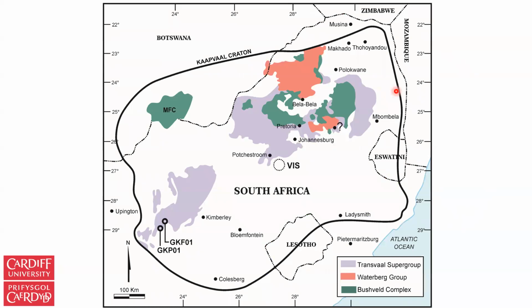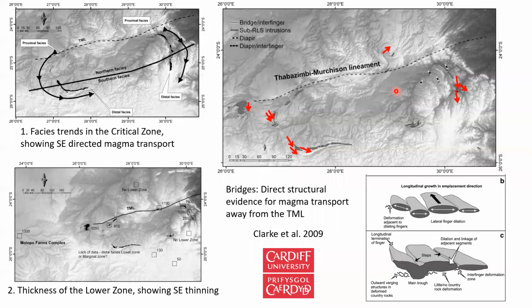All right, so on to the Bushveld Palabora complex now. I want to talk about the TML lineament. I've learned a lot about it so far in the conference, but I do want to refer you to the work of Clark and others, in which they argued from a variety of lines of evidence that the TML was a feeder structure.